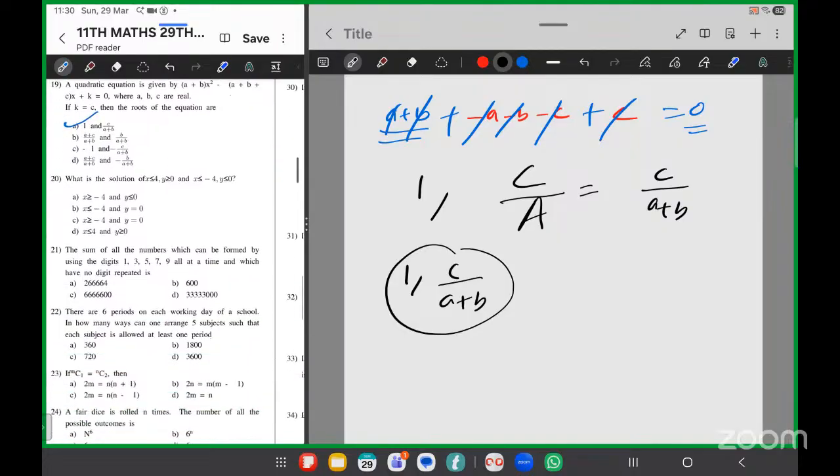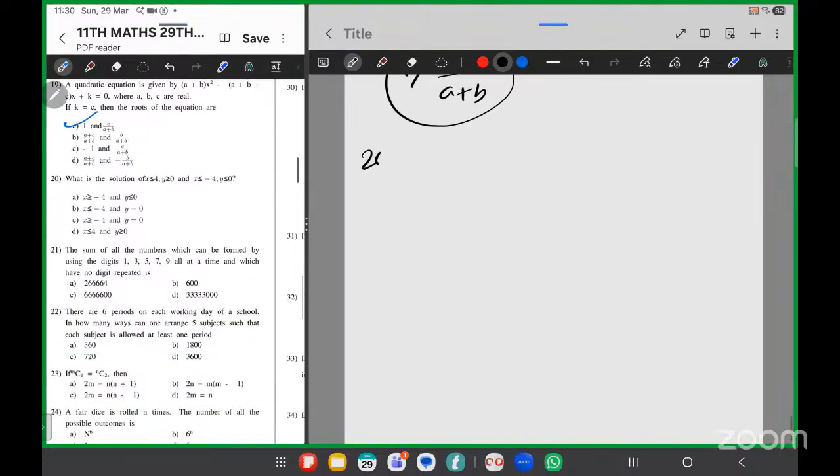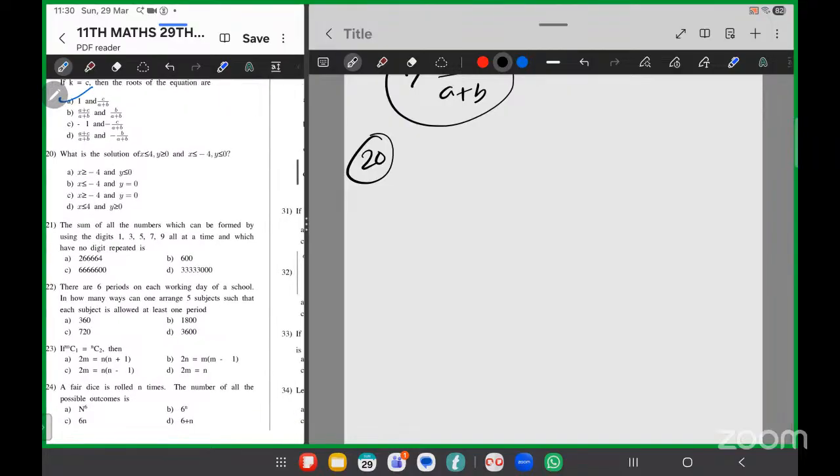Then question number 20. What is the solution of x less than or equal to 4, y greater than or equal to 0, and x less than or equal to minus 4, and y less than or equal to 0?